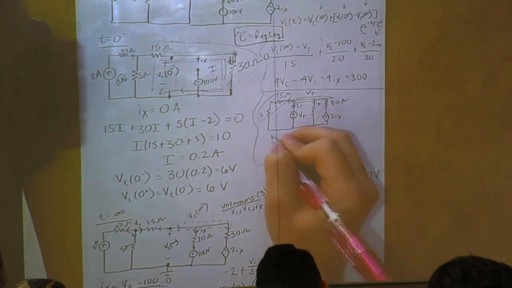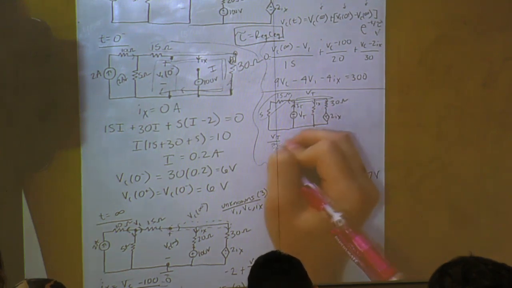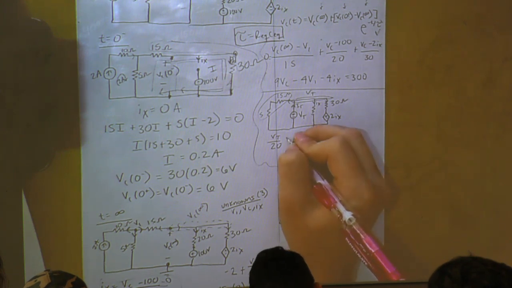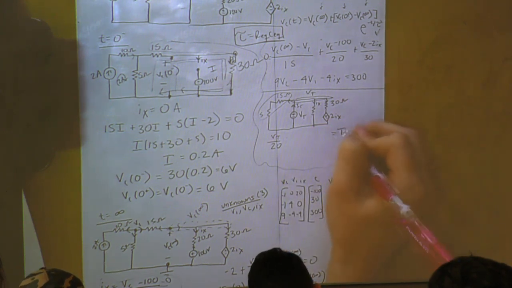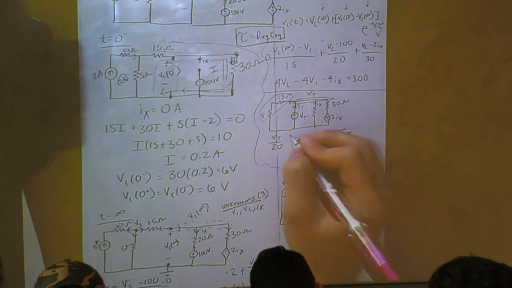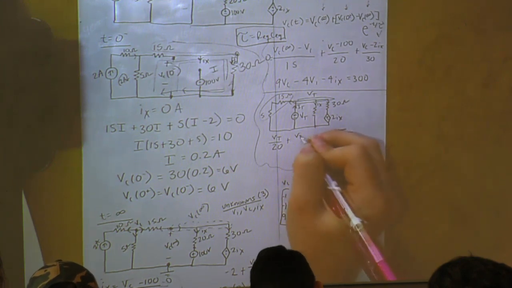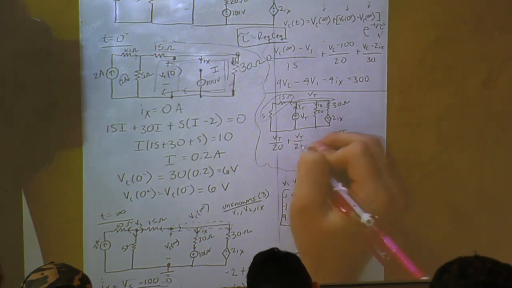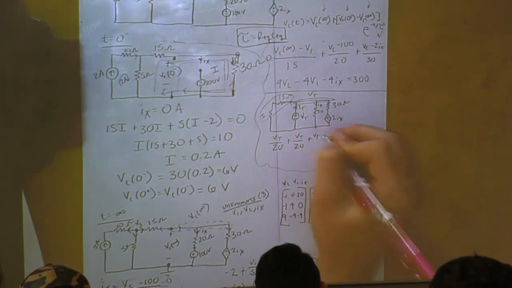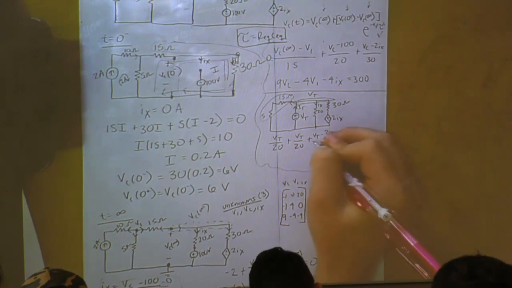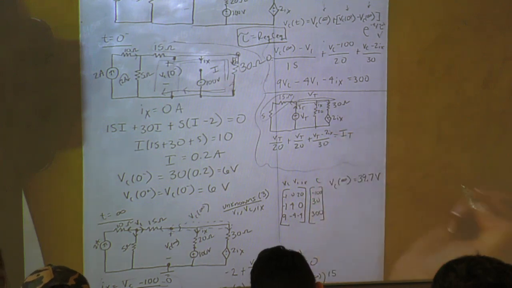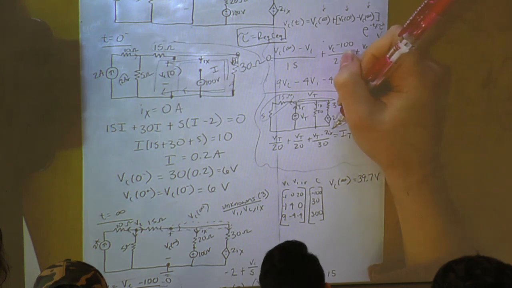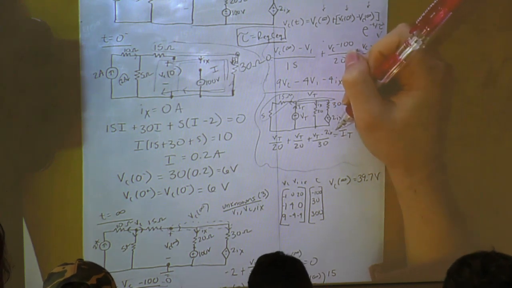We'll have VT all over 20, and at the end that is equal to IT. And then we'll have VT over 20 as well, and then VT minus 2IX all over 30. So we'll have to put our IX in terms of IT or VT.